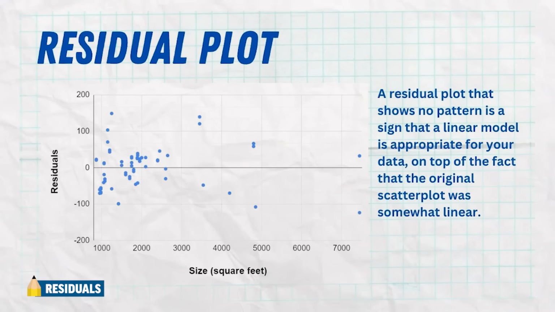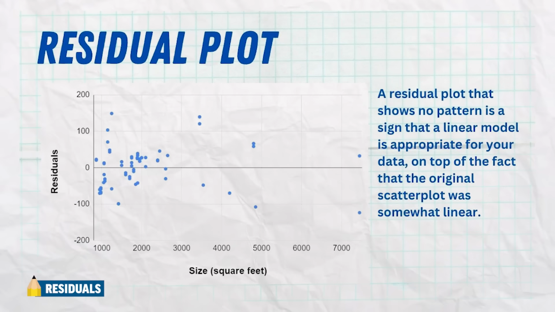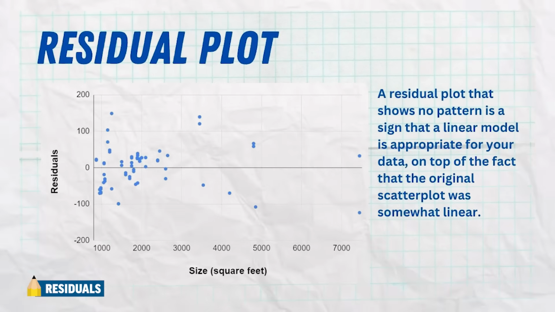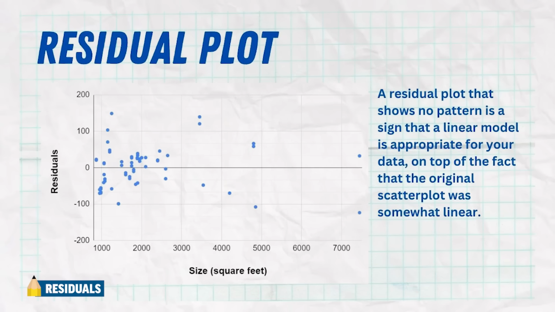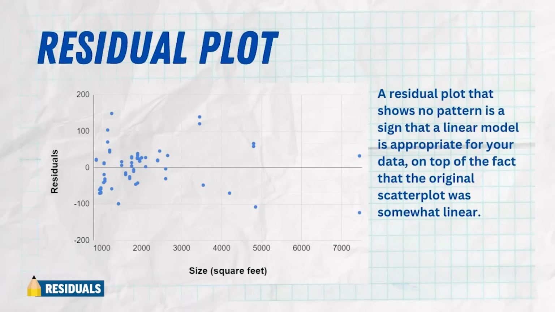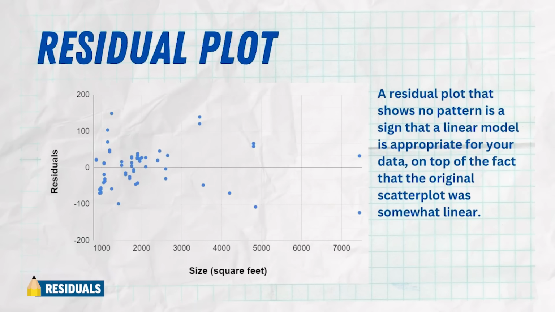Because if it's going through the data, there should be some points above the line throughout the graph and some points below the line throughout the graph. Now, some points are naturally going to be a little bit further away, producing larger residuals, and some points are naturally going to be closer, producing smaller residuals. So if we think about the residuals as a collective group, they should be completely mixed up, so a plot of the residuals should show no pattern.